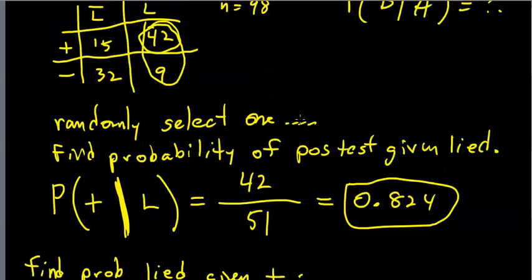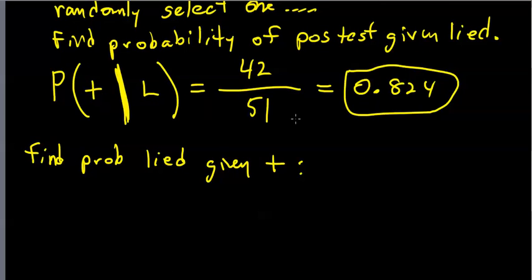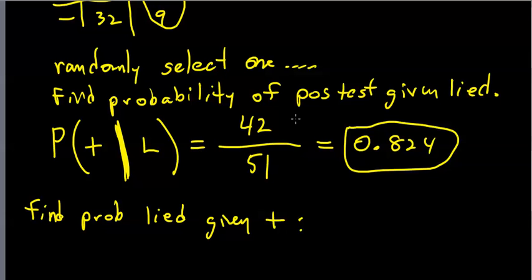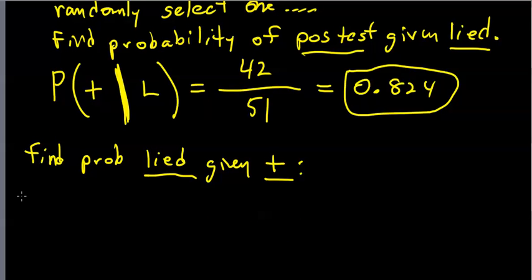Now notice, all I've done here is reversed the order of the events given in the conditional probability statement. In this previous example, we wanted the probability of a positive test given a liar. Now we want the probability of a liar given a positive test result. And I think we'll find that these are not commutative.